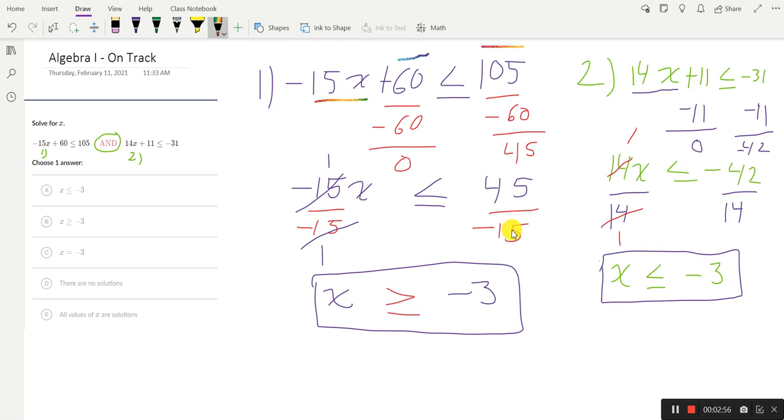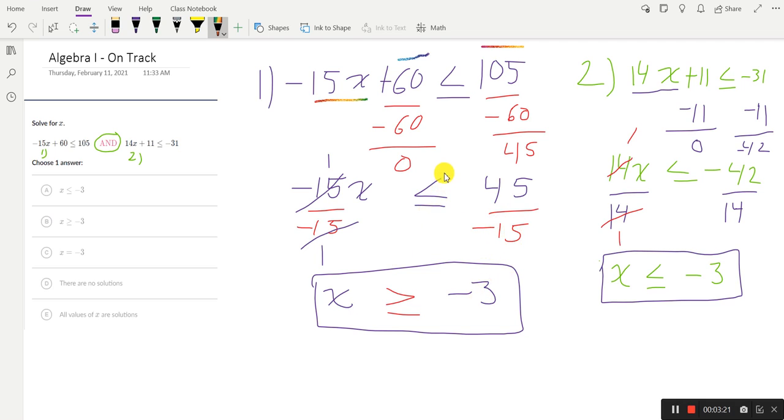That doesn't change the value or proportion of the inequality. So negative 15 divided by negative 15 is indeed 1. And here you just divide positive 45 by negative 15. It's equal to negative 3.